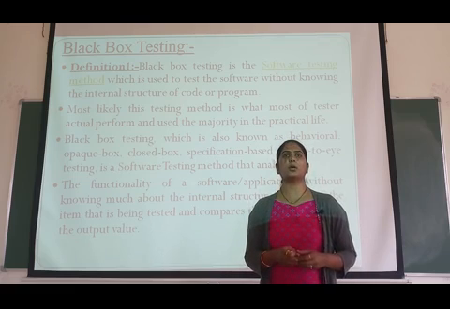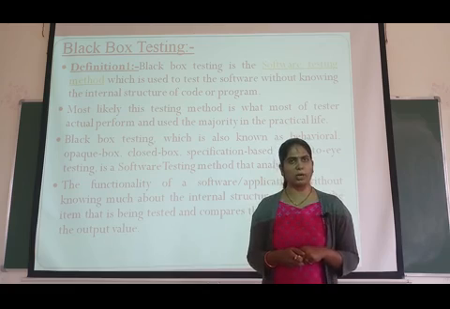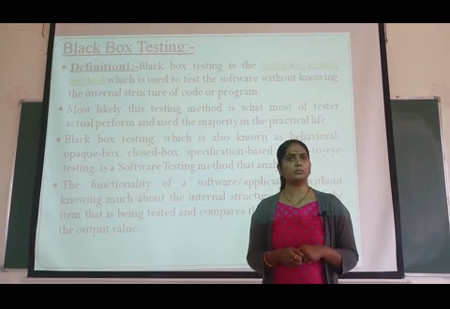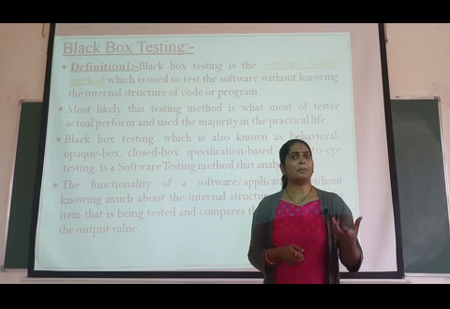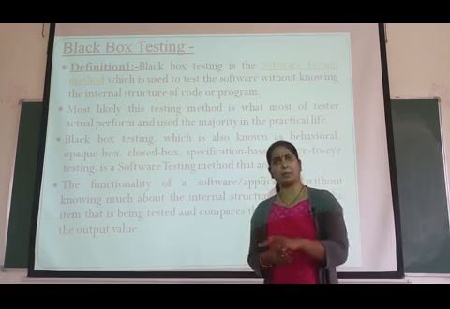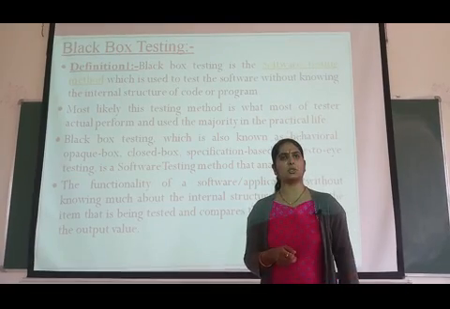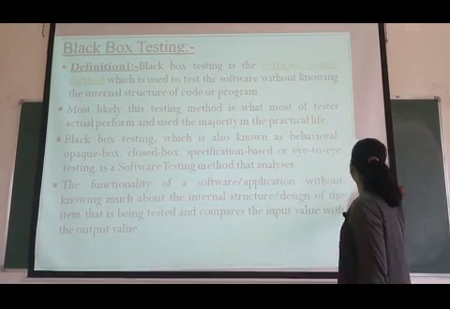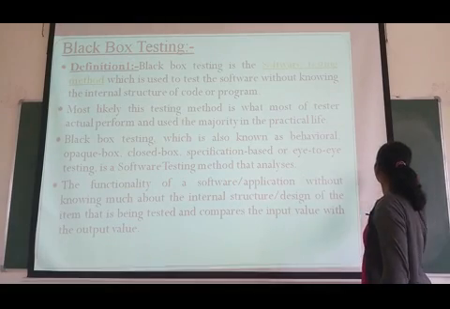Or suppose we want to find the Armstrong number. Armstrong number means the cube summation of its digits is equal to that number. Then we say that this number is an Armstrong number. For example, 153.